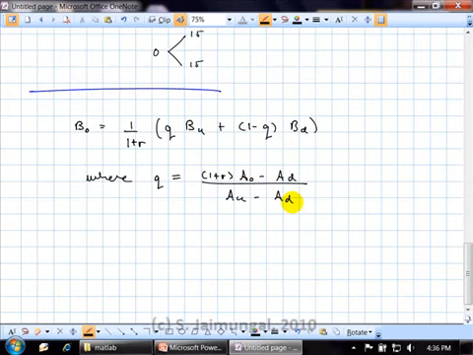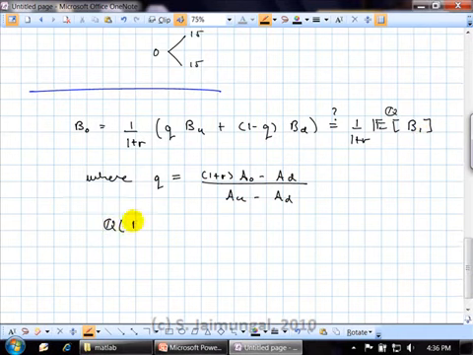Then I could interpret this as 1 over 1 plus R, expectation under a new probability measure of my random payoff.